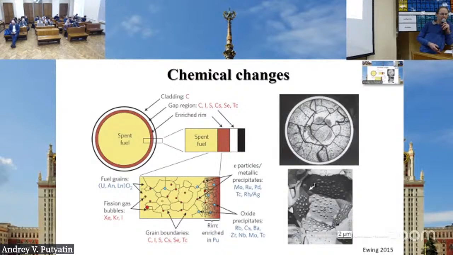Let's go to chemical changes. Again, sometimes people say that spent nuclear fuel is one of the most chemically complex substances which humans have ever made, because up to 60 elements or even more can coexist in the fuel pellet. Basically, the main fraction of the periodic table can be produced by either fission or neutron activation.